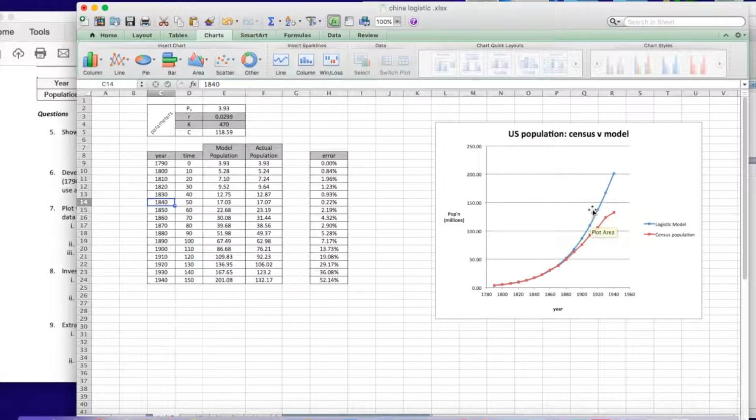So our logistic model is suggesting that population will keep increasing. Here, it almost looks like there's a bit of a tapering off, or an inflection, which is one of the features of the logistic model, in fact, that it does inflect and head back towards a maximum population, the carrying capacity, of course. Now, what we see here is not actually an inflection point, and when we get to question 8, we'll look at the data beyond 1940.